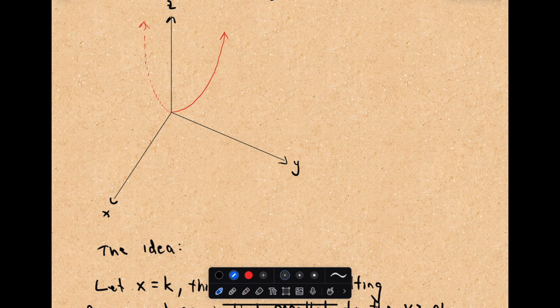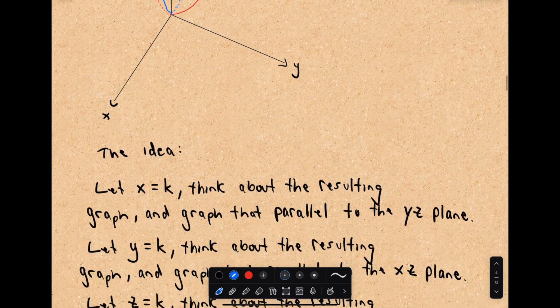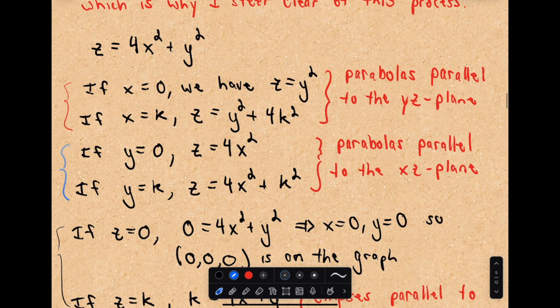So we'll get another parabola here. It would be a little more narrow because it's got that coefficient of 4. So there's that. And if I let y equal k, again, I'm just going to get these parabolas that are shifted upwards.